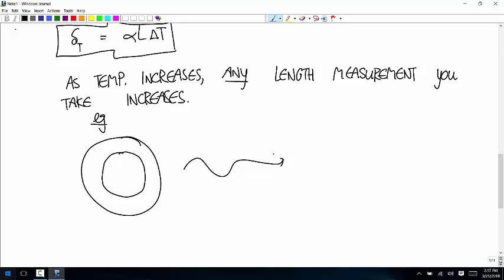No, any length measurement you can take increases. This is a length measurement, so that inner circle increases, the outer circle increases, diameter increases, thickness increases. Okay, so it's simpler than you might be afraid that it is.